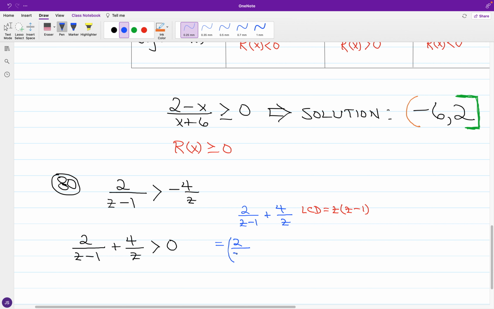So right now we got 2 over z minus 1, and we're going to multiply by 1 in the form of the missing factor over itself.